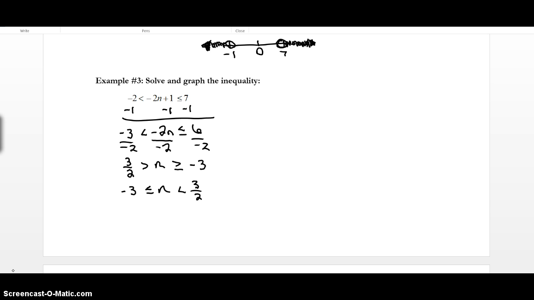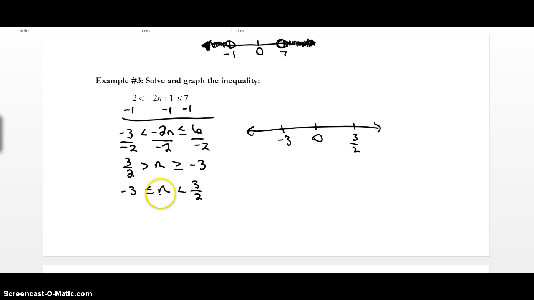Now let's go ahead and graph this. So graph it over here. And so, 0. -3 is somewhere over here. 3/2 is anywhere over here is fine.